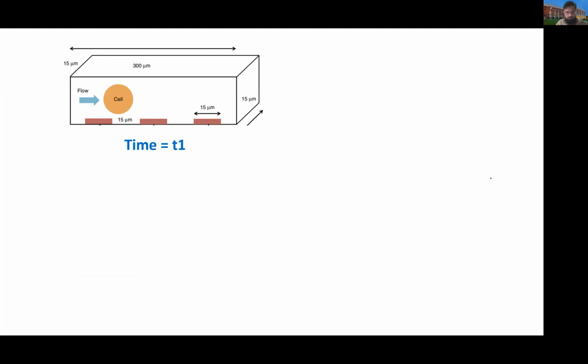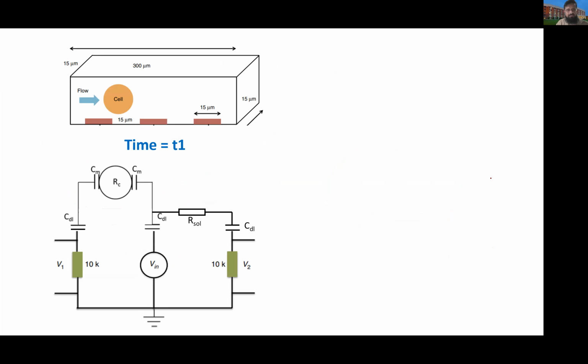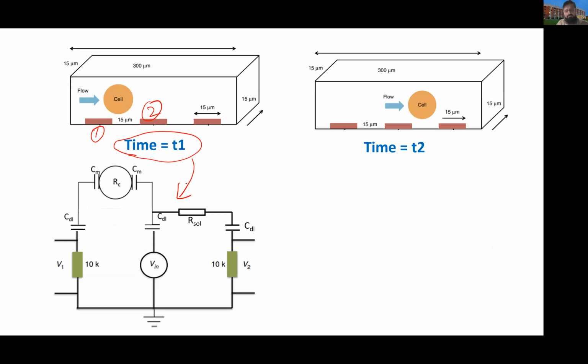Now, how do things dynamically vary? Let's suppose that at a particular time instance t1, the cell is crossing between electrode 1 and 2, and the electrical equivalent is drawn at the bottom. At a later time, which may be some milliseconds or microseconds later, the cell has moved to between electrode 2 and 3.